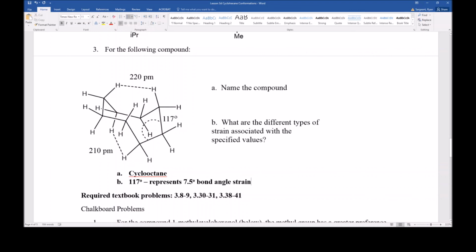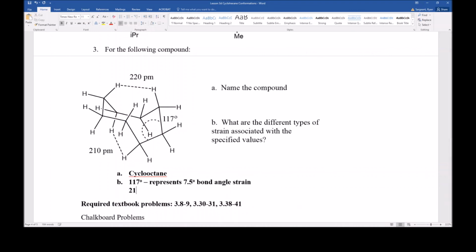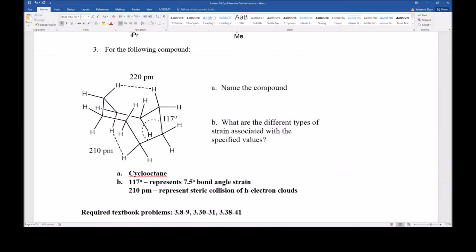And so that number right there that says 210 picometers represents a steric collision of hydrogen electron clouds. And the 220 represents another steric collision of hydrogen electron clouds.